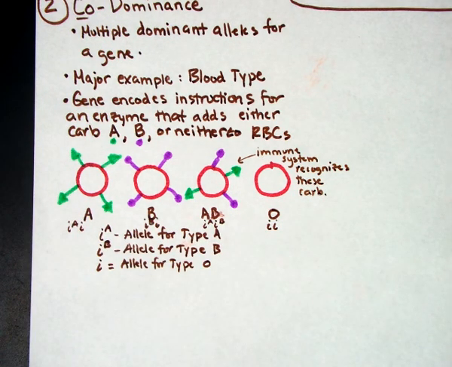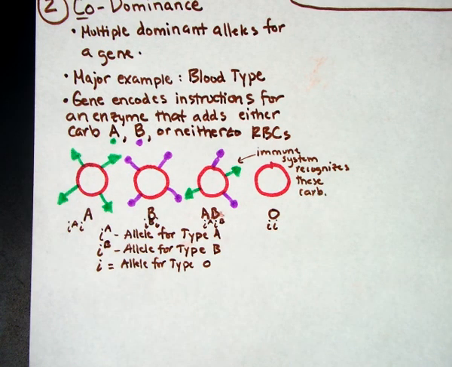So if you're a type A person and your immune system cell recognizes a B carbohydrate somewhere, it's going to freak out and start inflammation and cause some issues. That's why with blood transfusions, one of the major elements is determining which carbohydrates this person has on their blood cells. You can't mix those.